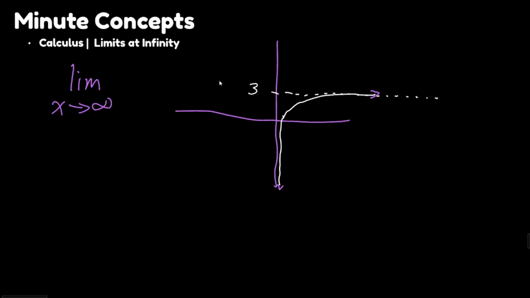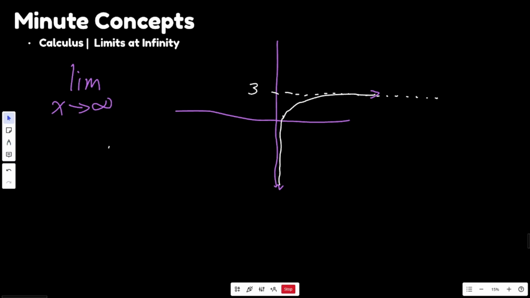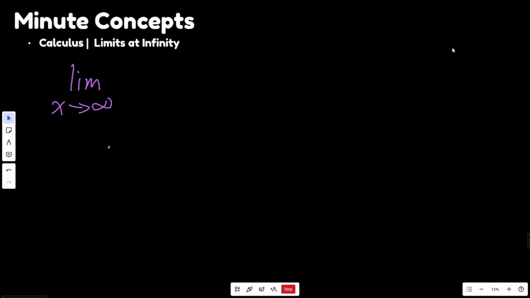Limits at infinity describe asymptotes. And if there is no asymptote, can we say that there is no limit at infinity? Well, we will see.